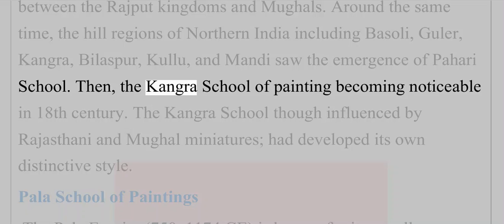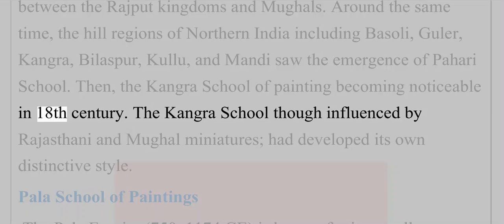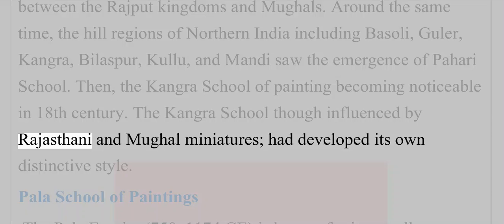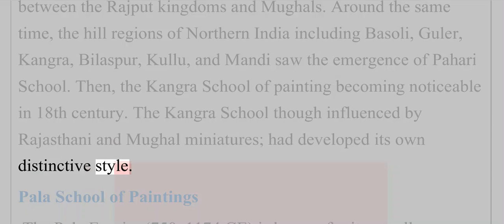Then, the Kangra school of painting became noticeable in the 18th century. The Kangra school, though influenced by Rajasthani and Mughal miniatures, had developed its own distinctive style.